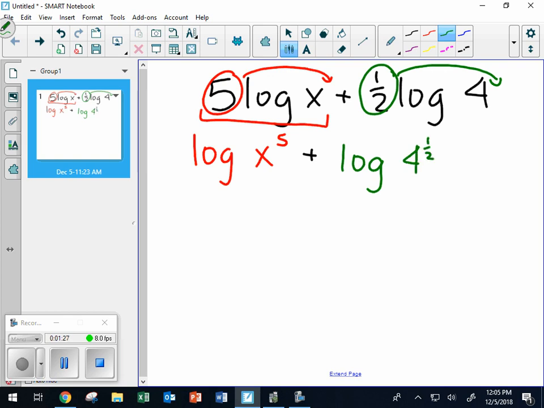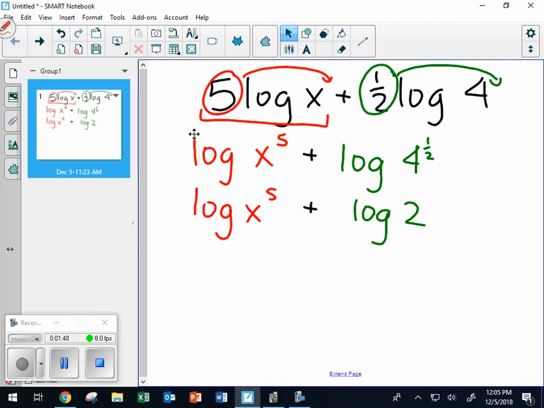If I have log of 4 to the 1/2, how can I simplify that more? What is 4 to the 1/2 power? 2. So we have log of 2 on the right-hand side, and log of x to the 5th on the left.